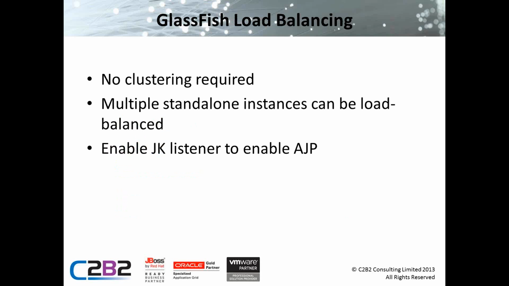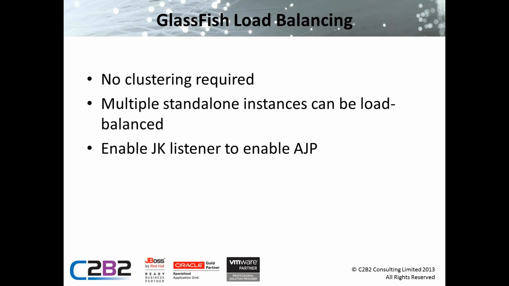As said, no clustering required, so you don't have to rely on the possibly buggy clustering features of GlassFish 4. You can load balance across multiple standalones. There's one thing to remember when you want to use the mod_jk or the AJP load balancing from a proxy: you need to explicitly enable a JK Listener.